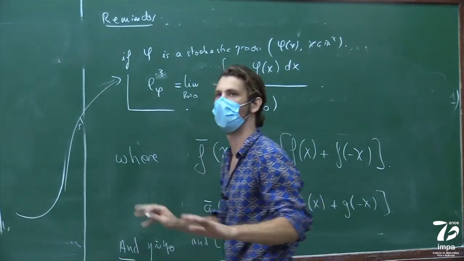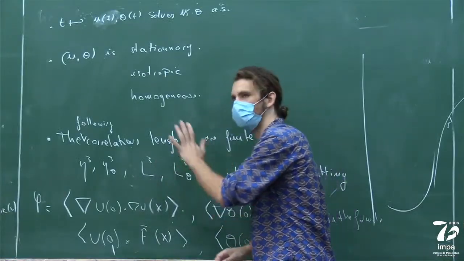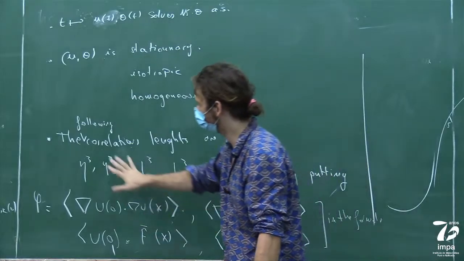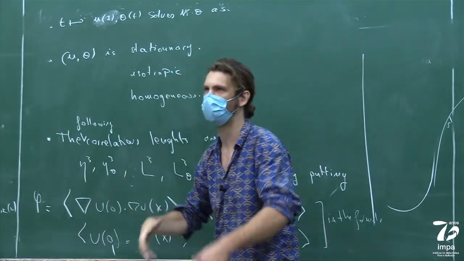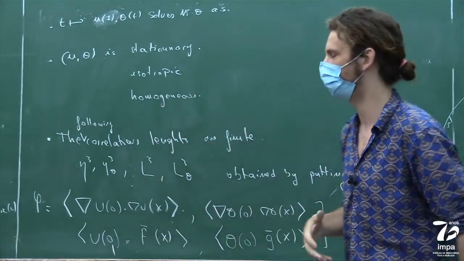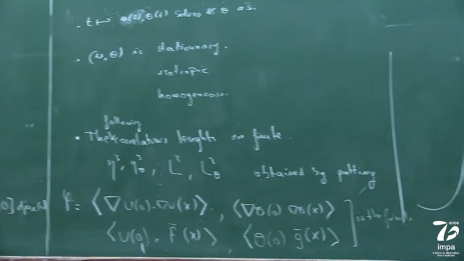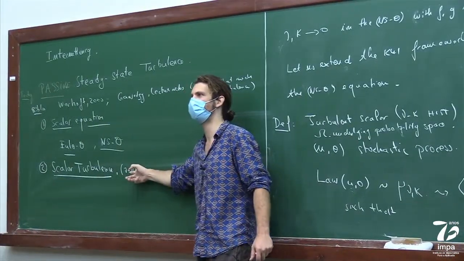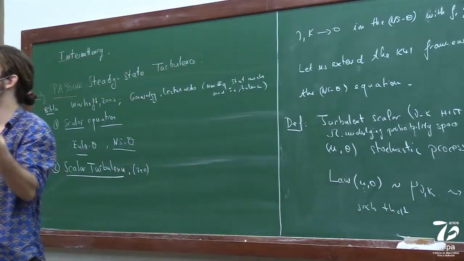To simplify, I will assume that the correlation length of the scalar is the same as the correlation length of the velocity field. Same, the correlation length of the gradient of the scalar is the same as the correlation length of the gradient of the velocity field, which, in fact, reflects this hypothesis that we are dealing with the same mechanism at small scale.